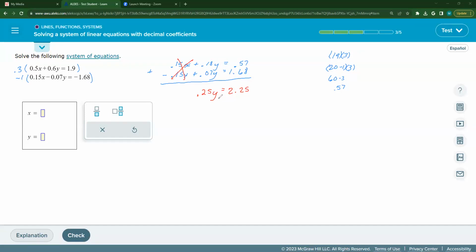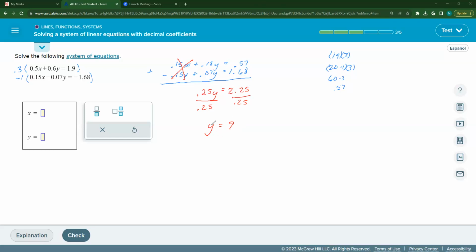I know 25 cents is 9 quarters, so I'm going to divide by 0.25. 0.25. Y equals 9. That's really just one of those things I can think in quarters in my head. But you could divide it out. It does let you have the calculator if you really need it.